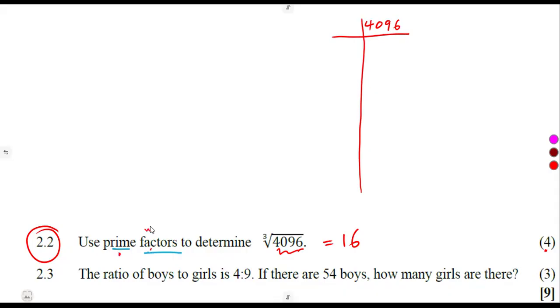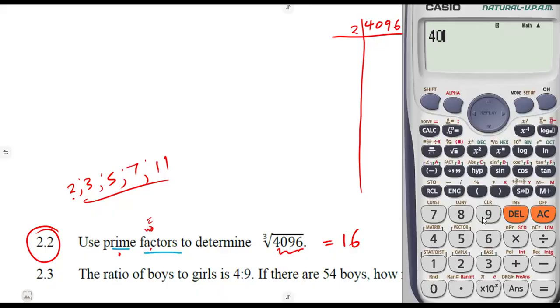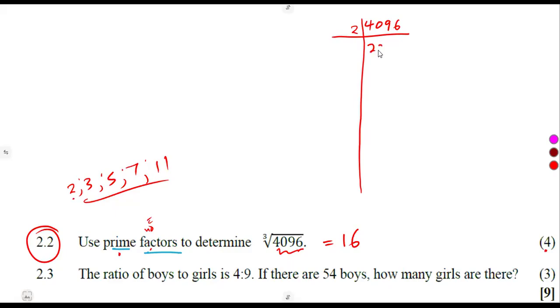Prime numbers: 2, 3, 5, 7, 11. These are the prime numbers. The first one, we're going to start with 2. So you're going to see 4,096 divided by 2. You can use your calculator, guys, to just divide 4,096 by 2. You get 2,048. You do the same thing up to the last one.